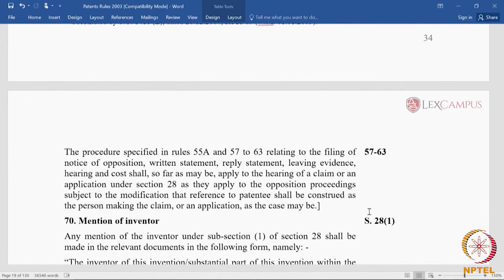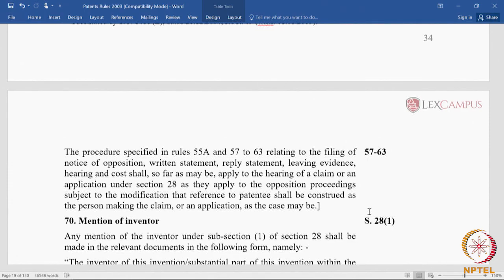So, this provision says that if you are conducting a proceeding under 28, those procedures will apply. Who will start first, who will reply, what is the timeline, notice of hearing, all those 10 days notice. So, that is what this means.